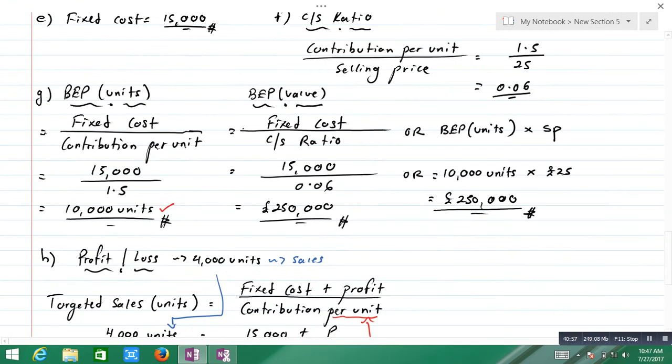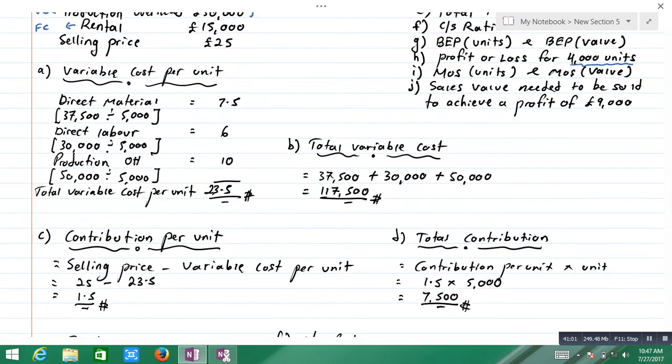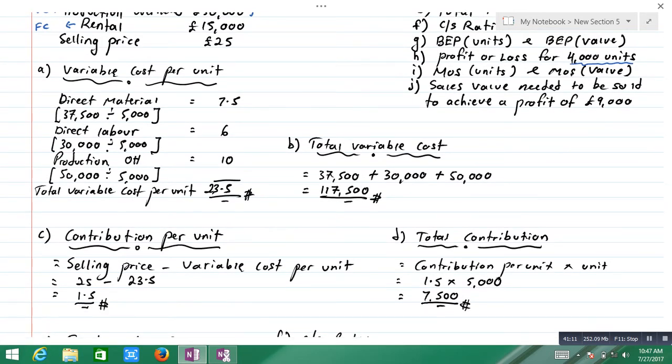Targeted sales value, which is fixed cost plus profit over CS ratio.